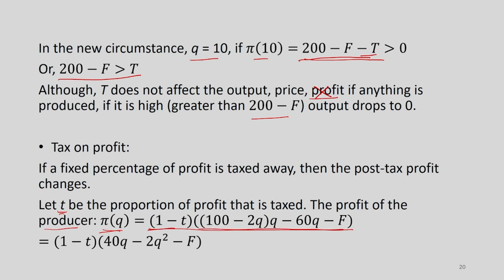Here there is no lump sum tax, fixed cost is there. However, a portion of the profit, that is t percentage of the profit, has been taxed. So, therefore, the producer is left with 1 minus t multiplied by the profit, and this is simply 1 minus t multiplied by 40q minus 2q square minus f. You might recall that this expression was the profit expression earlier, right. Earlier means when there was no tax.